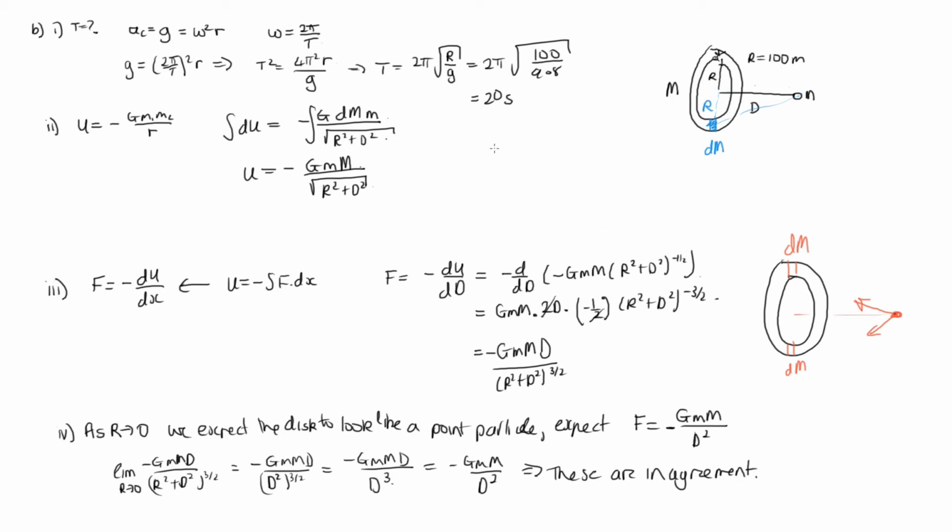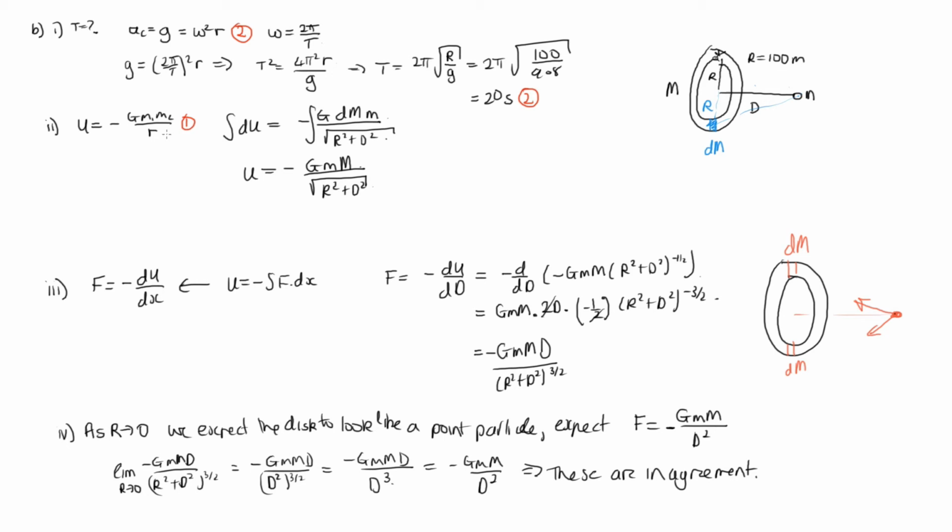Okay, so let's look at how this would be marked. For the first question, either stating it, or as an equation, or in words, that we expect the centripetal acceleration to be the same as the acceleration due to gravity is worth 2 marks. And then going through and solving this to get the period is worth another 2 marks. For part 2, we get 1 mark for realizing that we need to use this potential energy expression here.